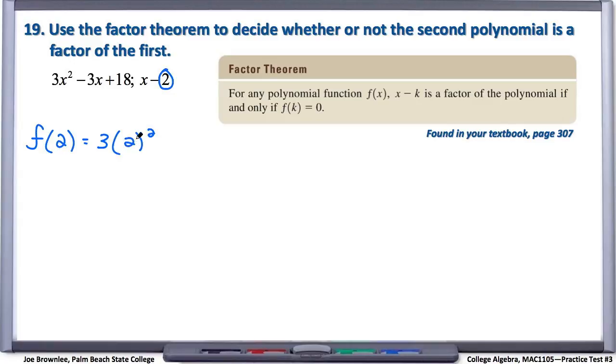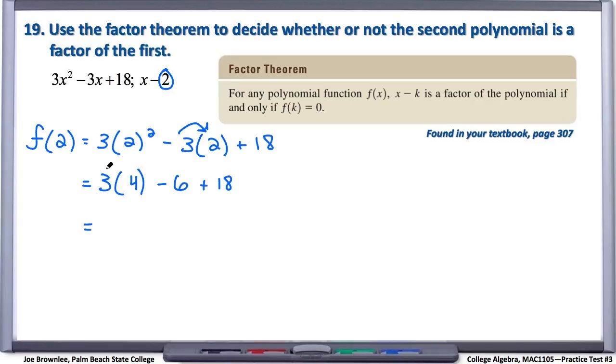So 3 times 2 squared minus 3 times 2 plus 18. So here we'll have 3 times, and then 2 squared is positive 4. We can distribute here, so negative 3 times 2 is negative 6, plus 18.